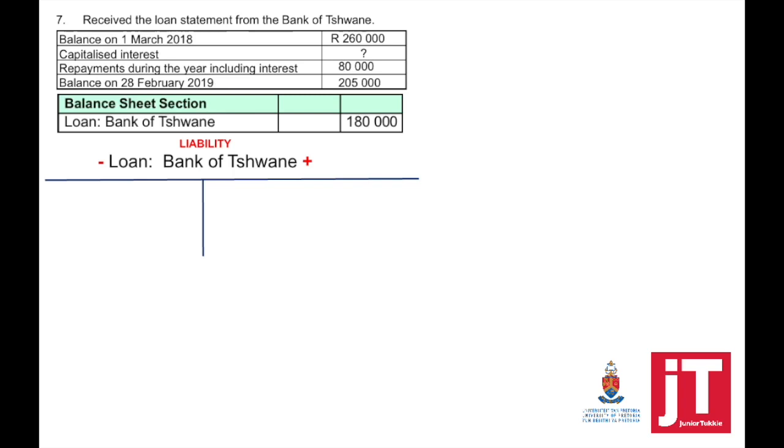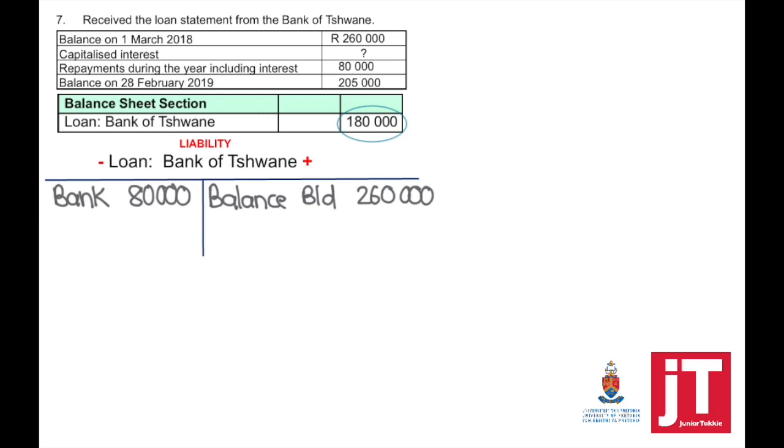If we open up a T account and we start with the information which is given, the opening balance is 260,000. The repayment was 80,000, which means it will appear on the debit side. Now, if you take 260,000 minus 80,000, that equals the amount from the pre-adjustment trial balance.